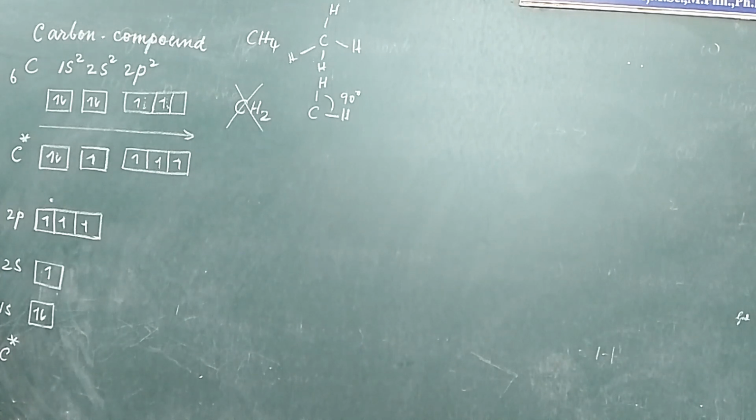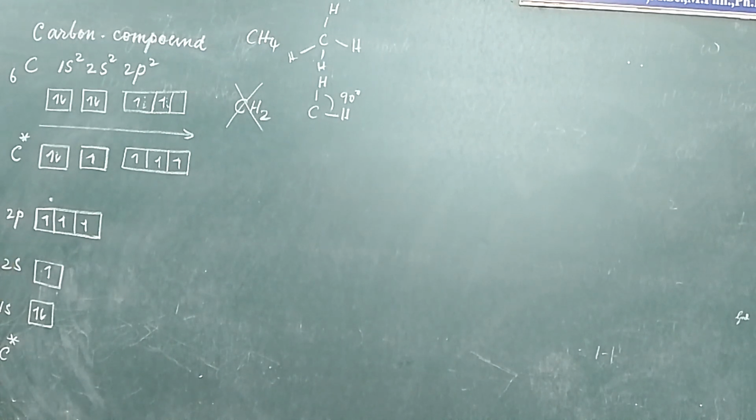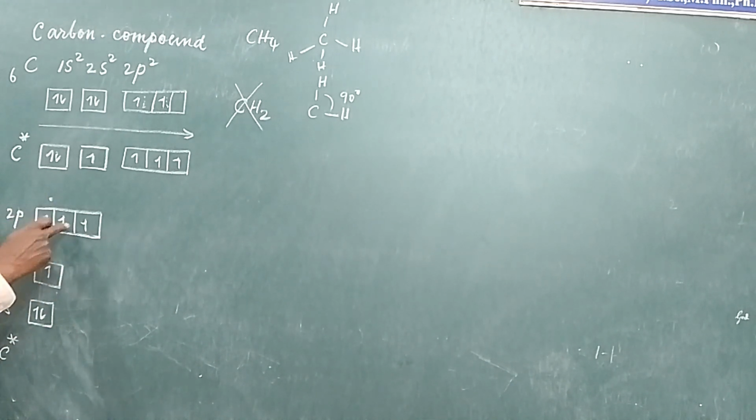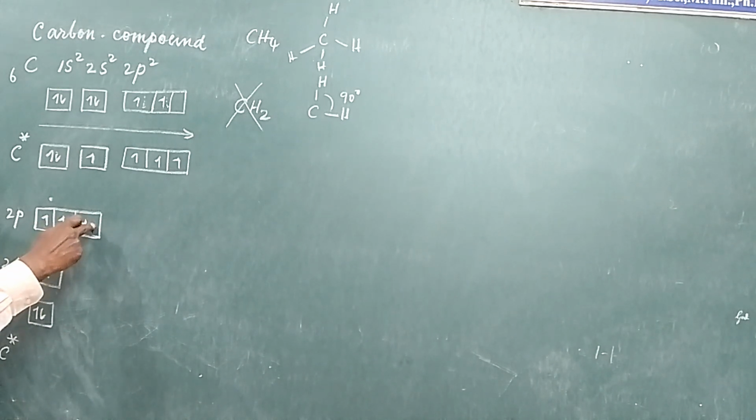Suppose if a carbon makes a covalent bond in this stage, that is carbon with the excitation only, then methane will not be of a tetrahedral shape, because all the 3 electrons in the 2p orbitals are mutually perpendicular. One is in the x-axis, one is in the y-axis, and the other one is in the z-axis. Whereas the 2s, one electron, is non-directional.